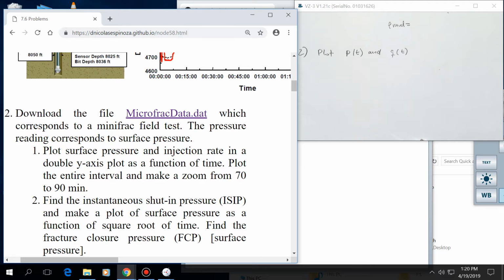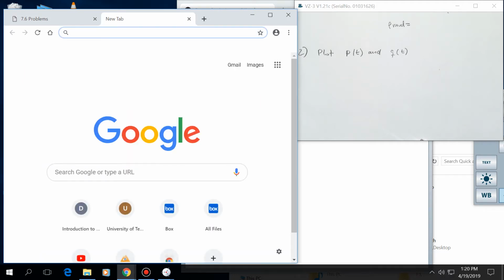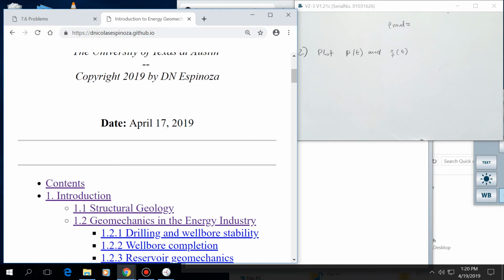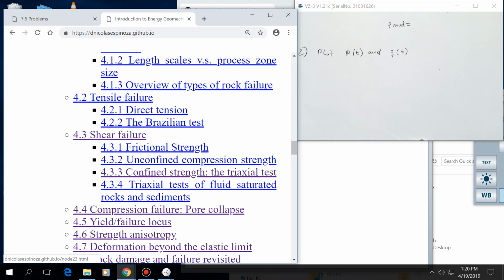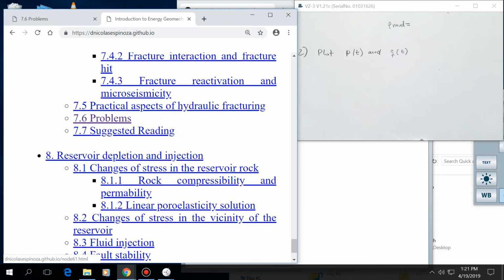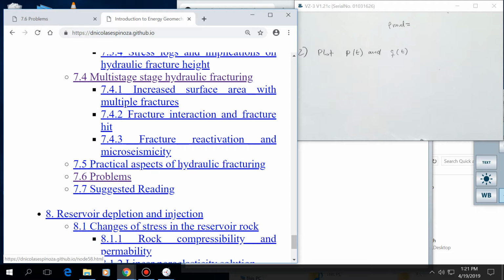You should obtain something very similar to what I'm going to show in a bit over here. Can I plot in the same graph or no? Yes, please use the same graph with two vertical axes.